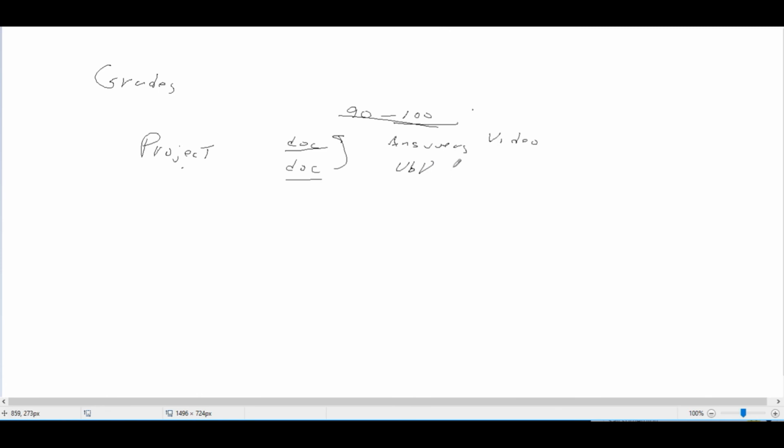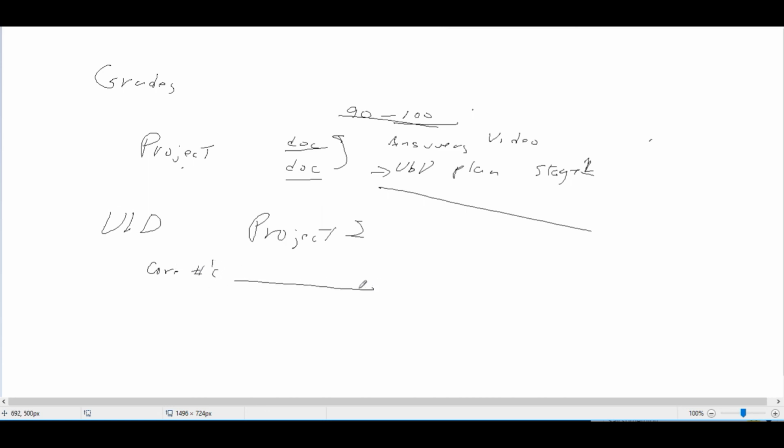And yes, the UBD plan, just stage 1. Stage 1 is redundant. There's a lot that's kind of overkill on it. It seems like you're answering the same question in a slightly different form. But that's what you're looking at. You're doing stage 1. When you finish that, go ahead and turn that in if you haven't already. But then for project 2, you can do a whole new UBD design, starting from scratch. Make sure that you list the core numbers and what they state when they're talking about it in stage 1.